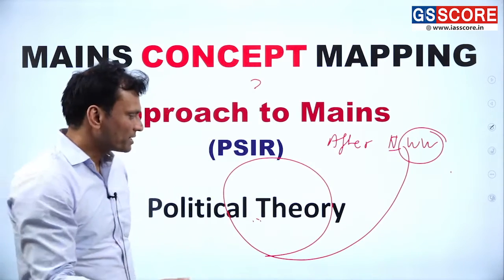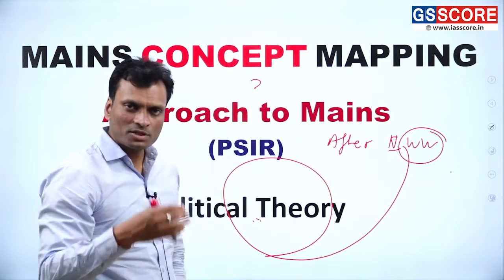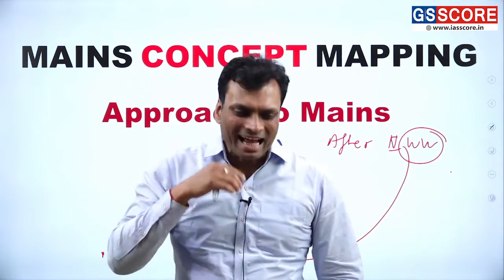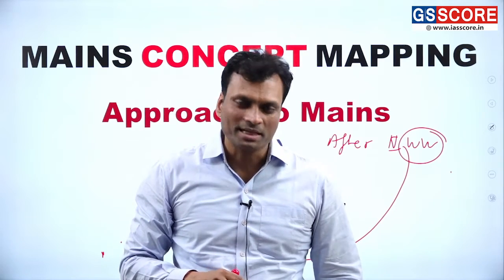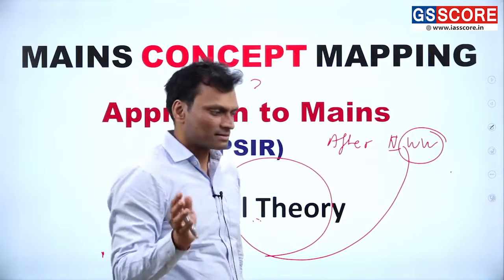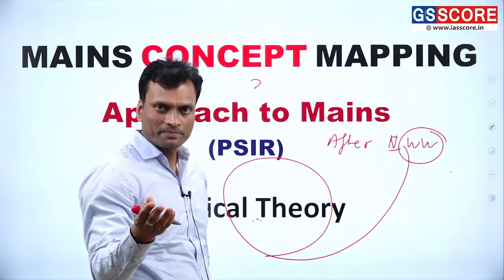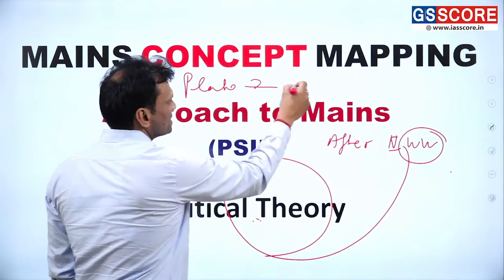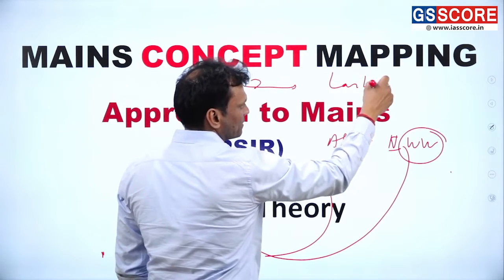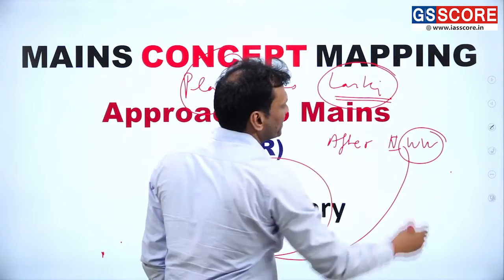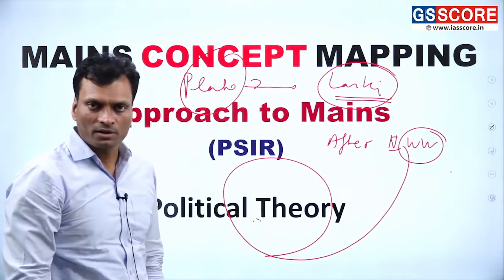And this revolt, whatever way it happened, was the result of the lack of faith in the political philosophy that was going on since long back, since the days of Plato. So from Plato to, you can say, Laski, who can be the last prominent thinker before the Second World War.